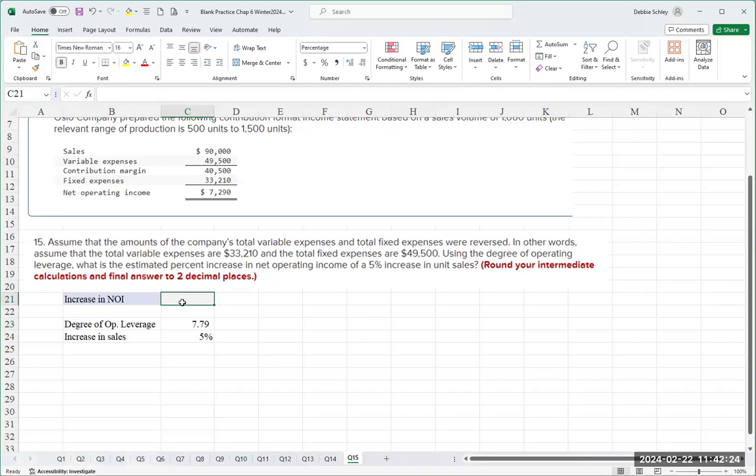So I will just multiply these two, right? Degree of operating leverage times the increase in sales. And we're rounding to 2 decimal places. So my projected increase in net operating income would be 38.95%, which is 7.79 times faster than the increase of 5% in sales.